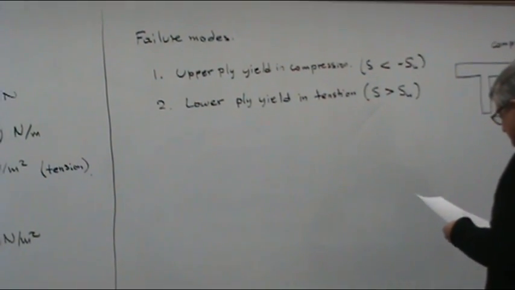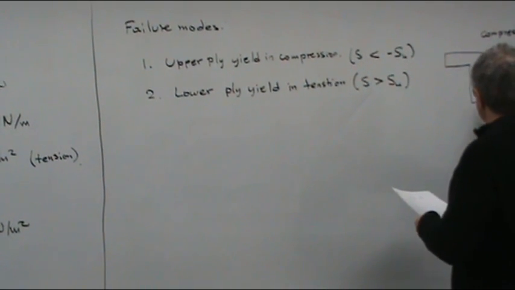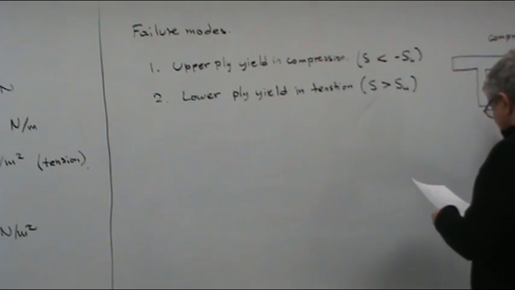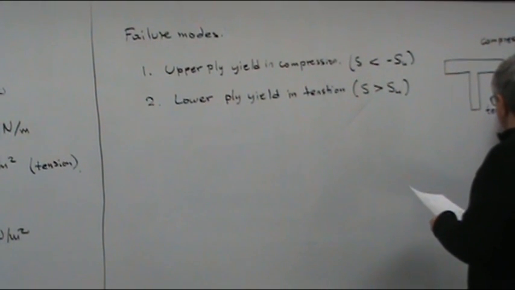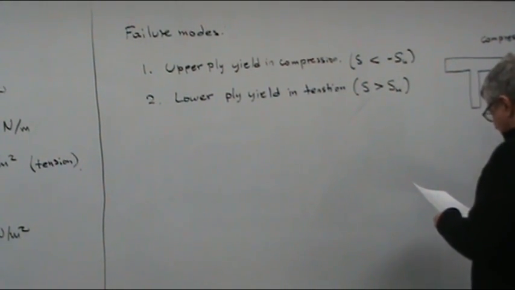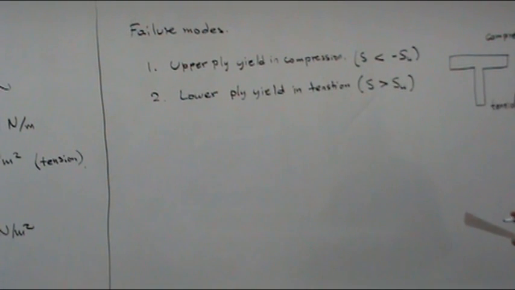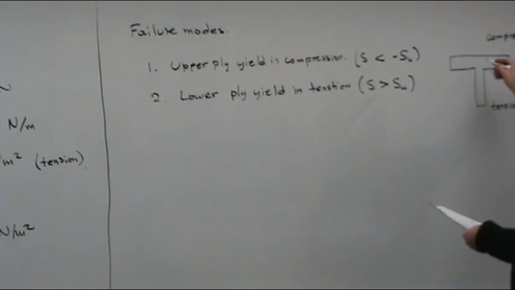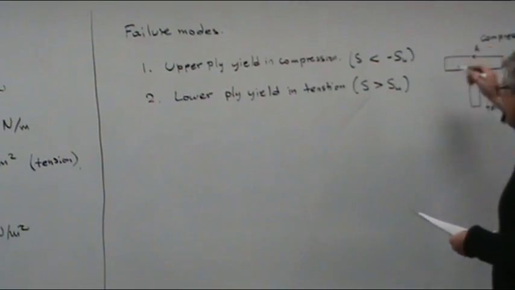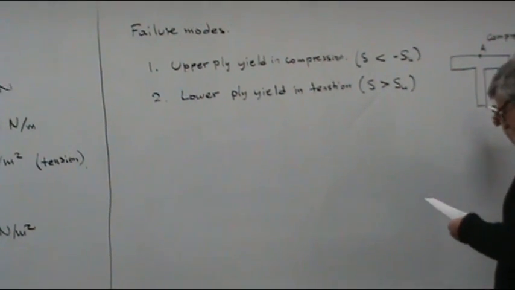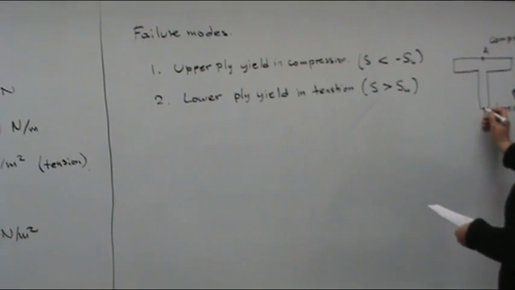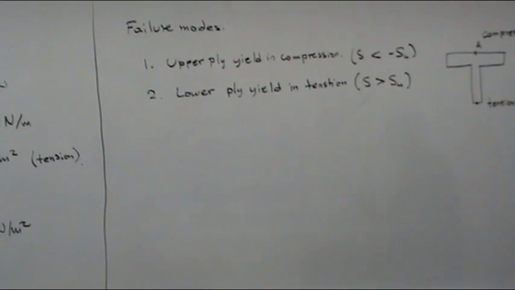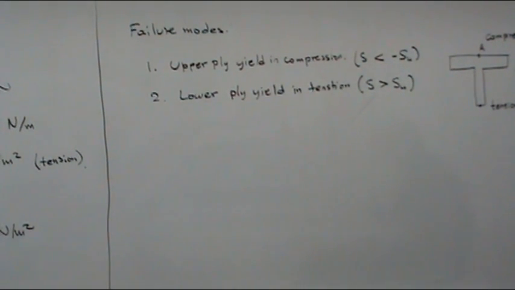Okay? And this part is tension. So we have this point A that can fail in compression, and this point B that can fail because of excessive tension.